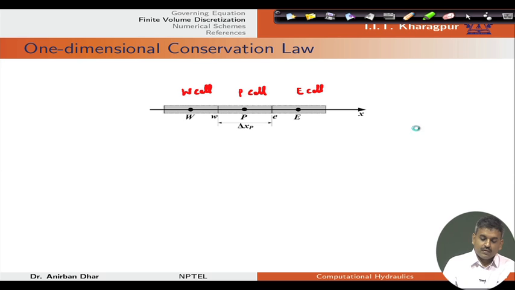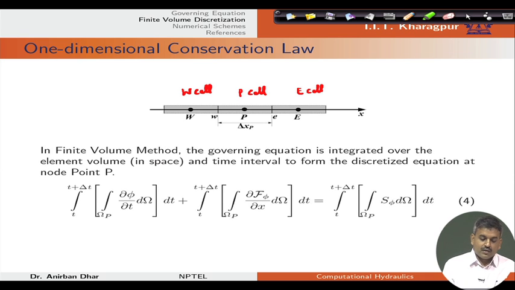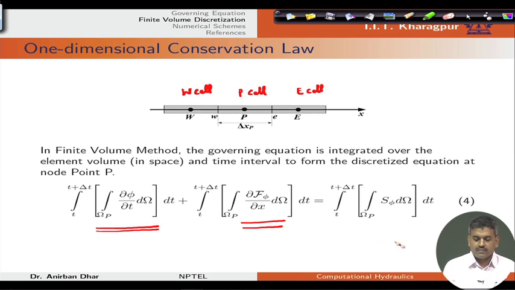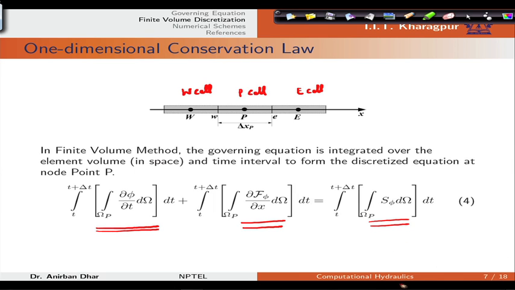Now, for this one we can define our finite volume method with space time discretization. The first term is for the temporal derivative, the second term for the spatial derivative of the flux function, and the last one is the source term.